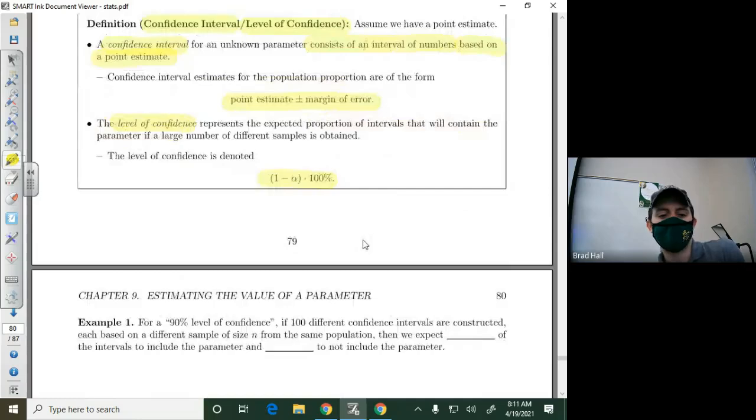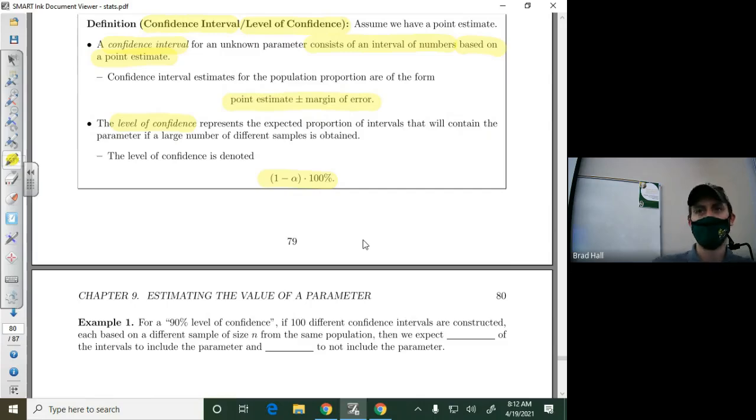So let's think about what this means. I have example 1 at the bottom here, while keeping the definition up here. If we have a 90% level of confidence, one way this can be interpreted is, let's say you take 100 samples. Let's say we interview 100 classes about their heights.